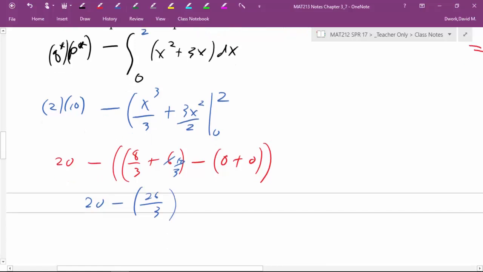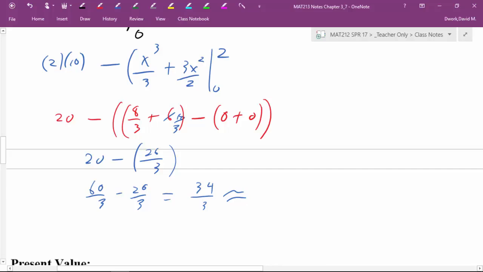So then 20 take away 26 thirds. That would be getting common denominators. So that'd be 60 thirds minus 26 thirds. So therefore, that would be 34 thirds. And if we want to get a nice little decimal on that, that would come out to be 8.6 repeating.